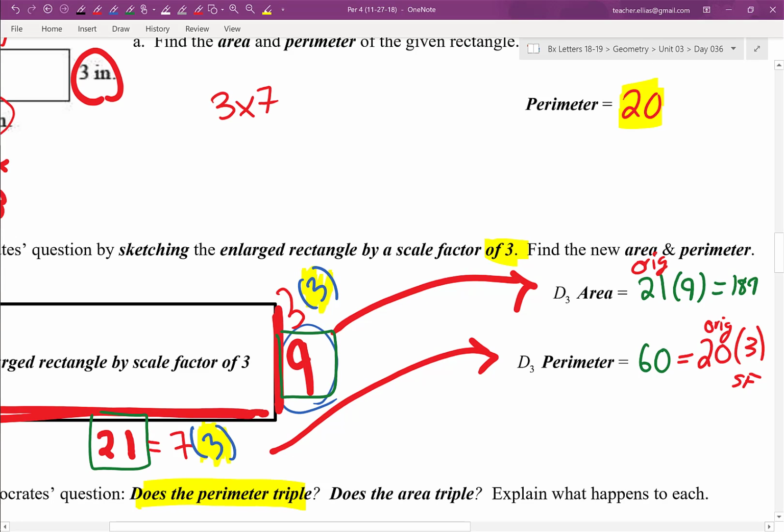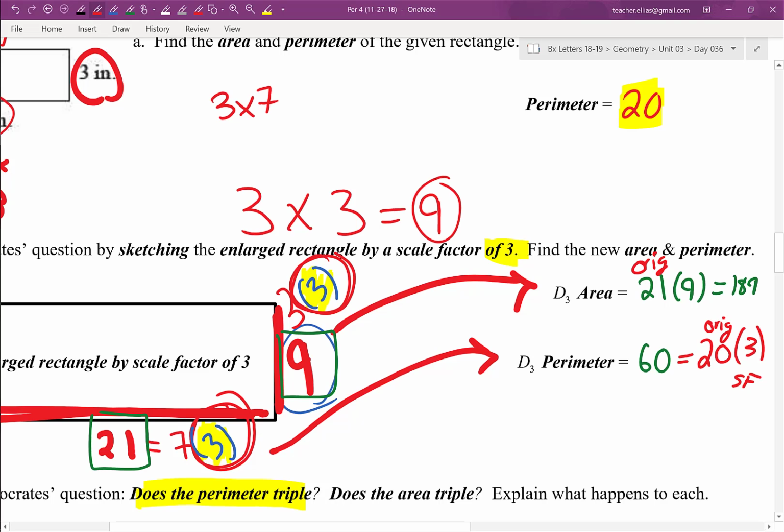How many times does your scale factor show up? You have it here and here. What operation is dilation? What is 3 times 3?